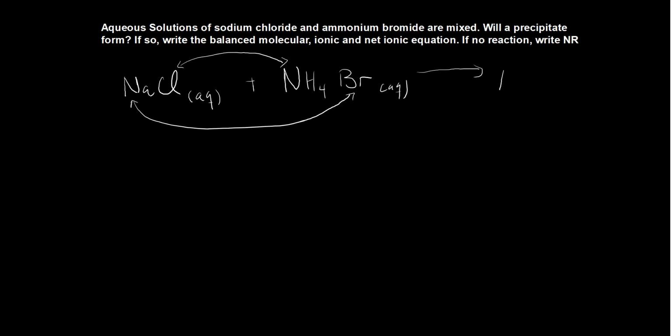So we could potentially end up with sodium bromide and, well, let's not write down aqueous yet until we figure out whether this precipitates or not. So let's leave a little room right there. Plus ammonium chloride.